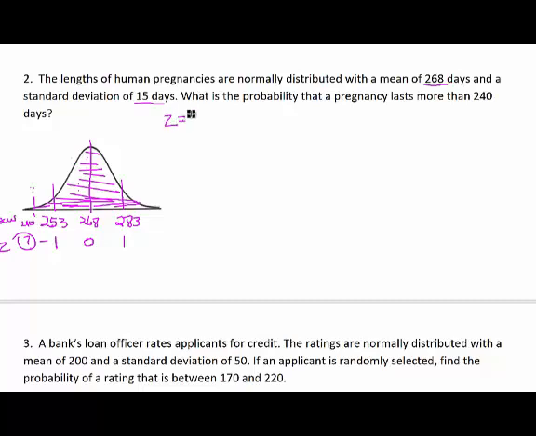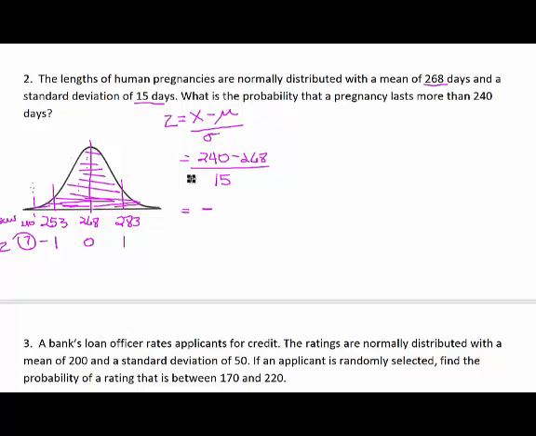So z equals x minus mu over standard deviation. That's going to be 240 minus 268 divided by 15. When you crank all of that out, 240 minus 268, I got negative 28 on the top divided by 15.